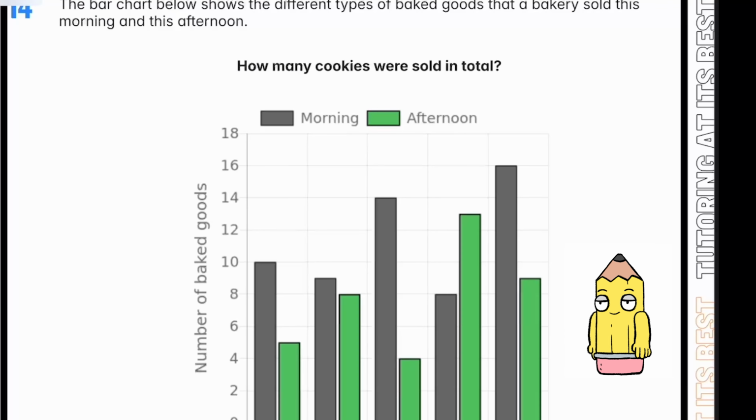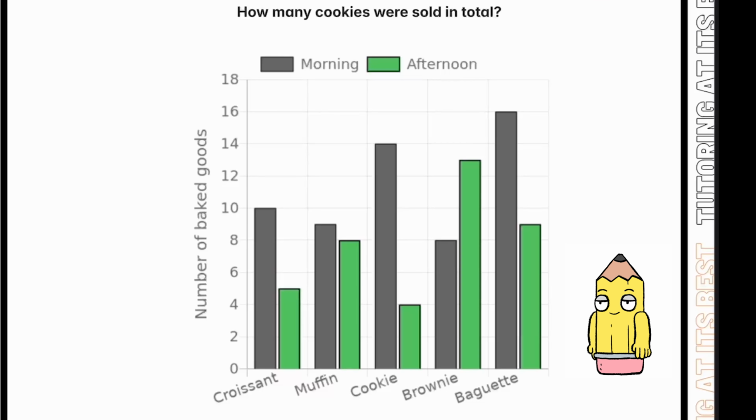Question 14. The bar chart below shows the different types of baked goods that a bakery sold this morning and this afternoon. How many cookies were sold in total? The key tells us that the grey bar represents the number of baked goods sold in the morning, and the green bar represents the number of baked goods sold in the afternoon.